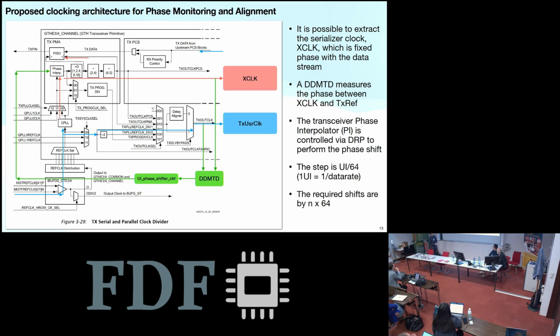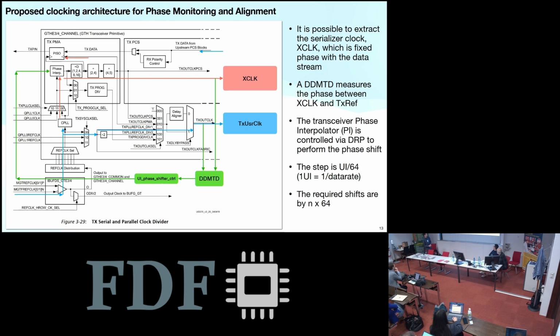But at this point, the idea is to perform a phase measurement between X clock and our reference TX user clock. And to do the phase measurement, we can use a DDMTD, and I will tell you later how this works. So the DDMTD gives us the phase between X clock and the user clock.